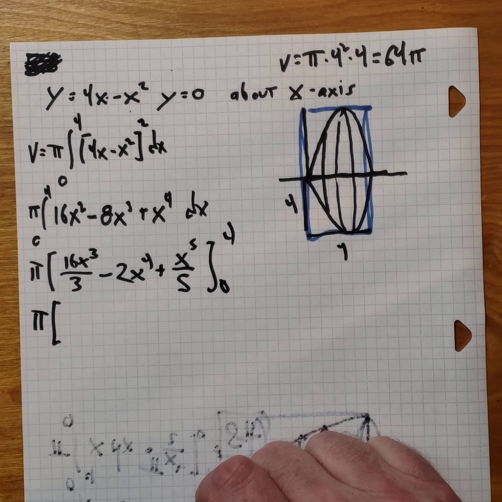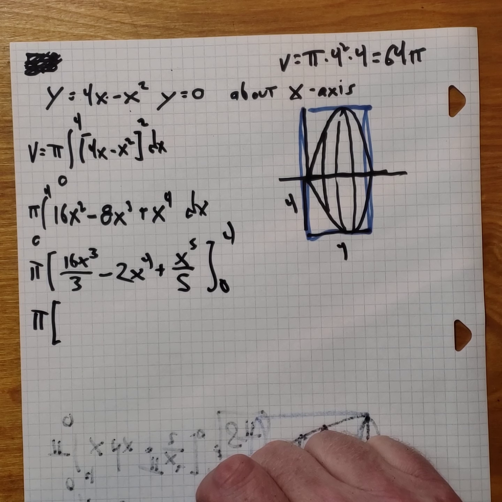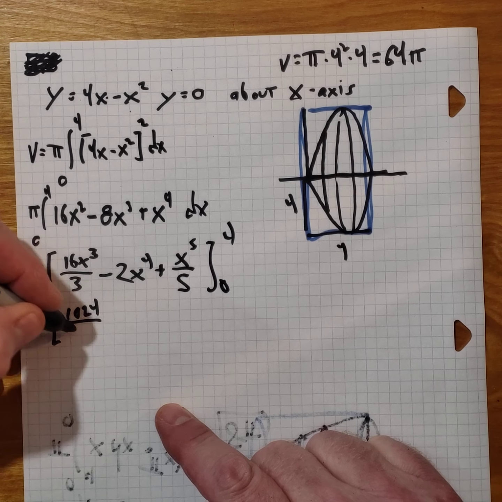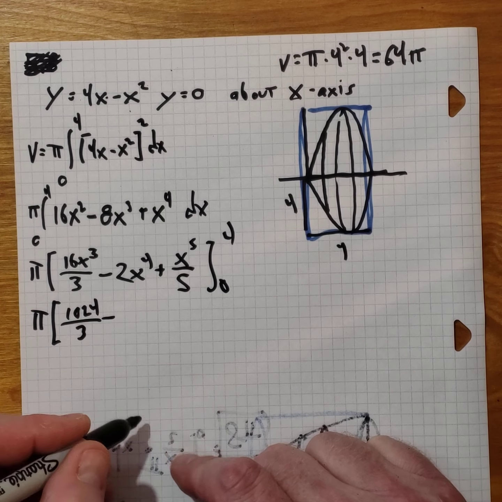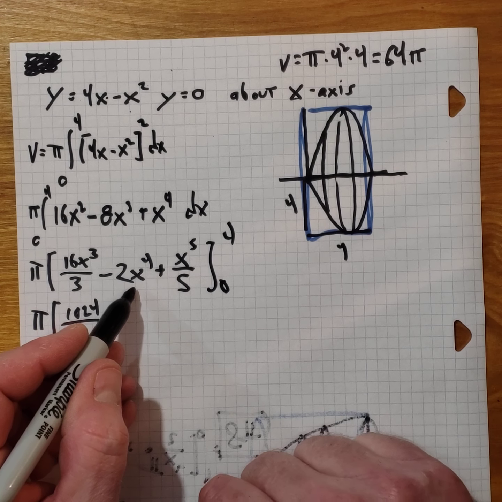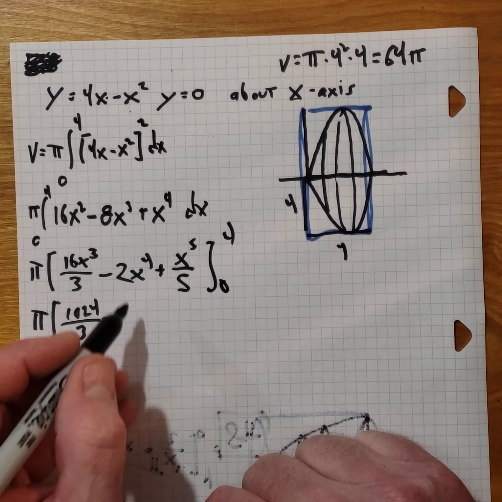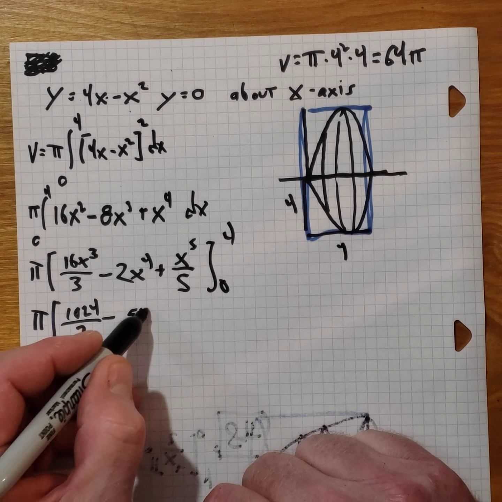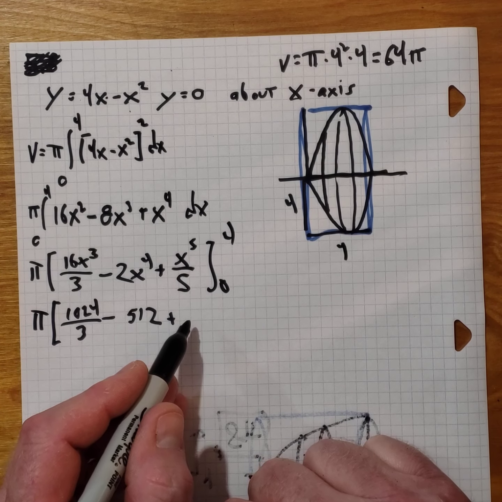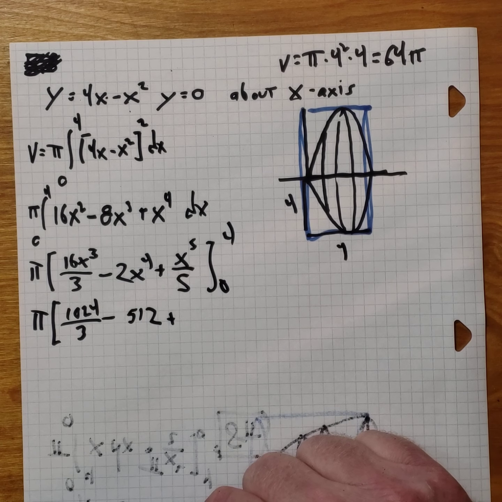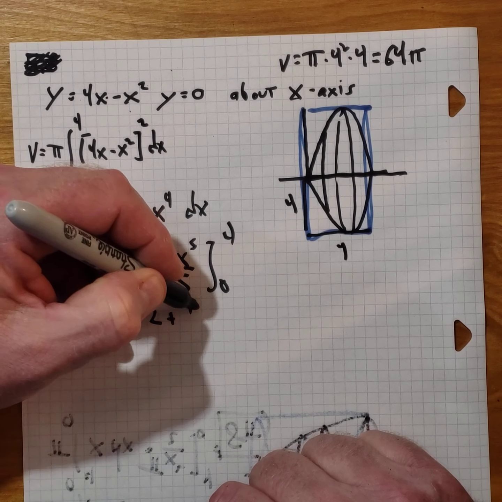I'm cheating. 16 times 4 to the 3rd is 1024 over 3, minus 4 to the 4th power is 256 times 2 is 512, plus 4 to the 5th is 1024 again.